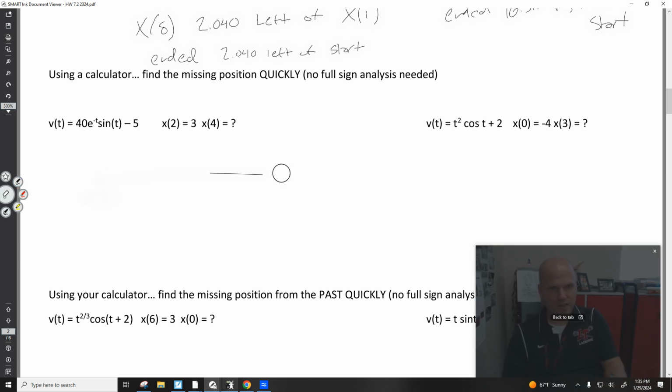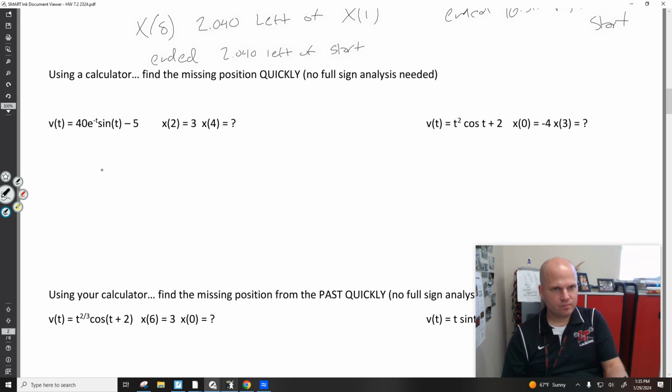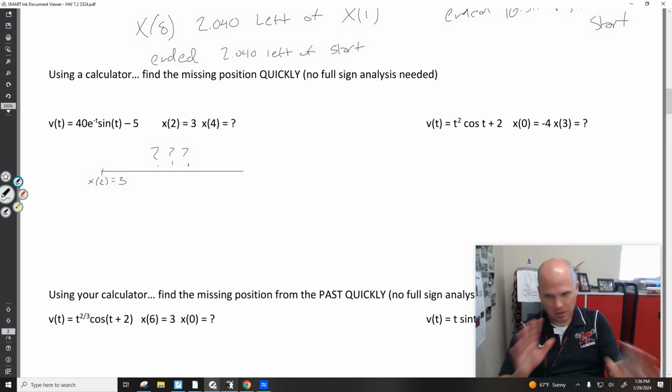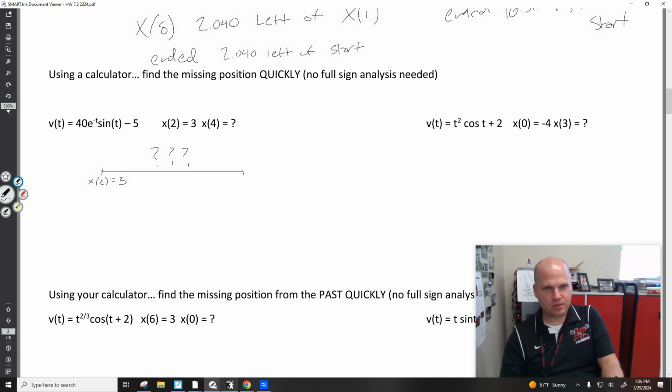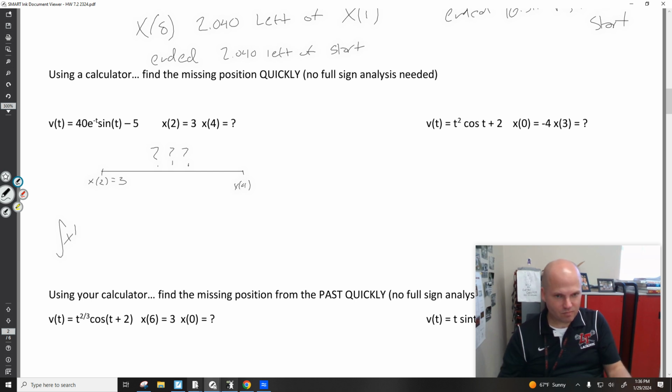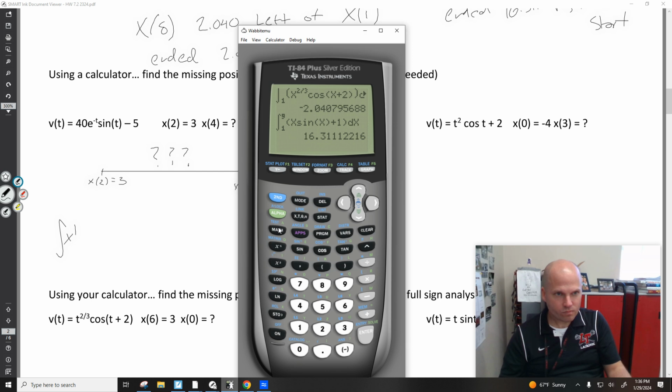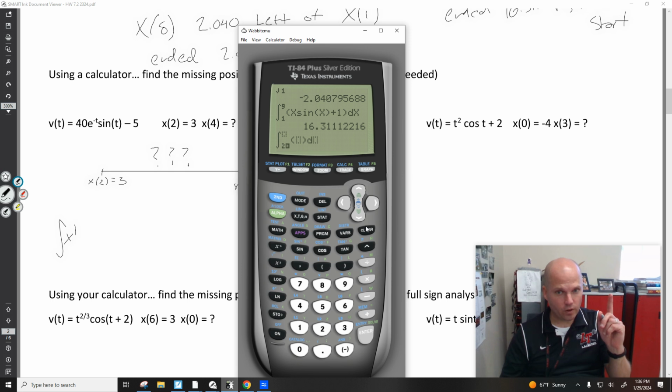Let me see if this makes sense to you. X of 2 is 3. I don't know what happens. I'm just going to assume I don't know what happens. But I know the overall displacement from 2 to 4, that's very important, is the following.